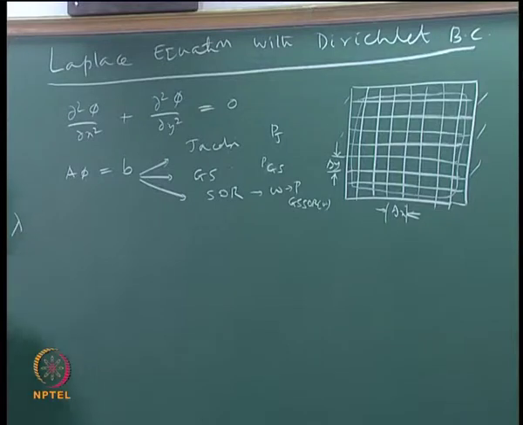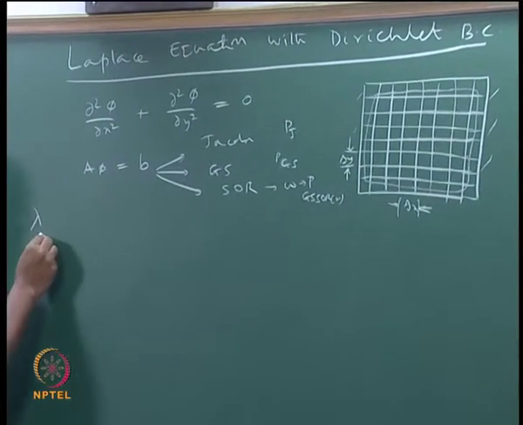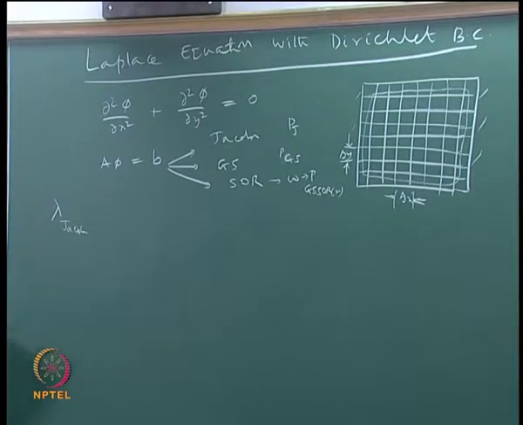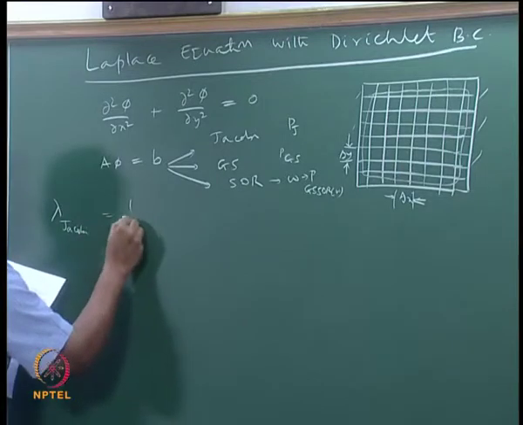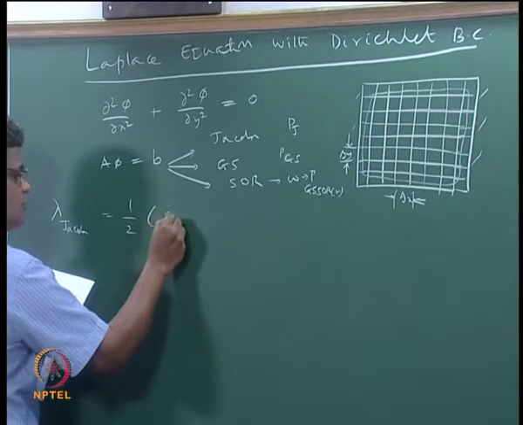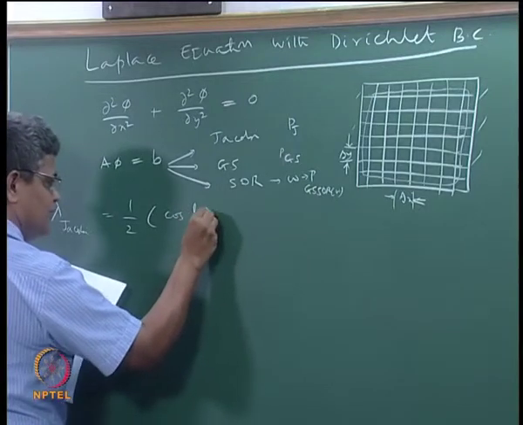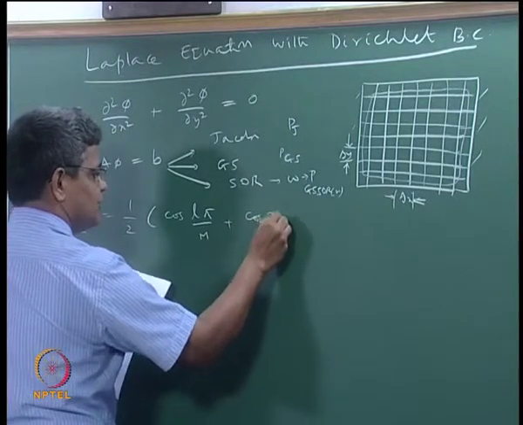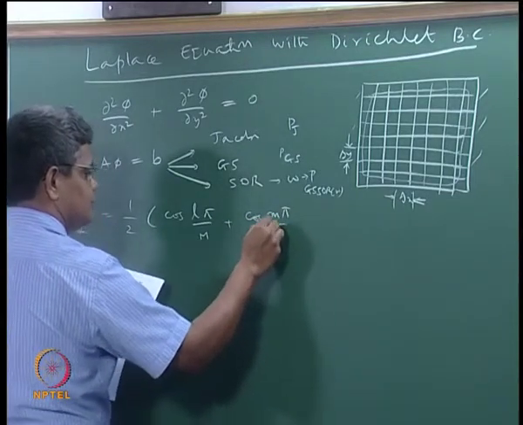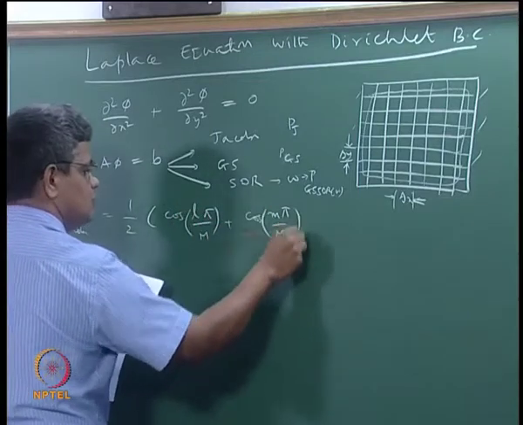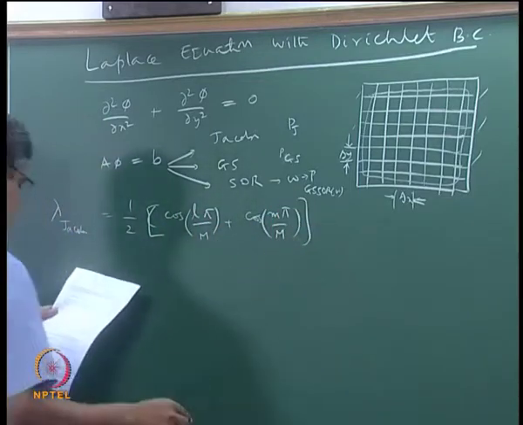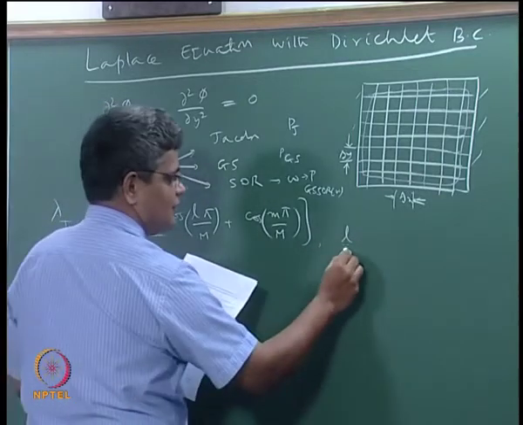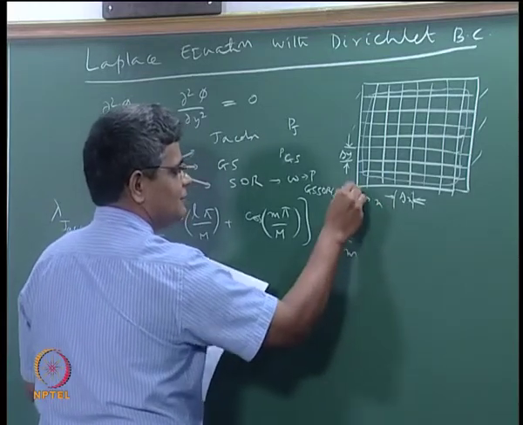Okay, so for this particular case, for the Laplace equation with constant spacing and Dirichlet boundary conditions, we can show that the eigenvalues for the Jacobi method are given by 1/2 of cosine(L pi by M) plus cosine(m pi by M), where L and m are the indices in the x and y directions.